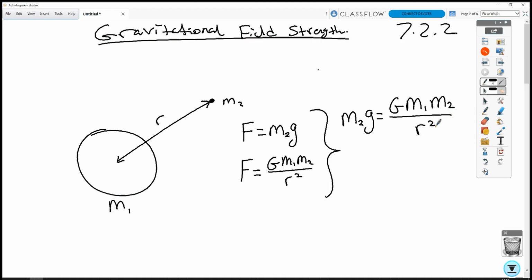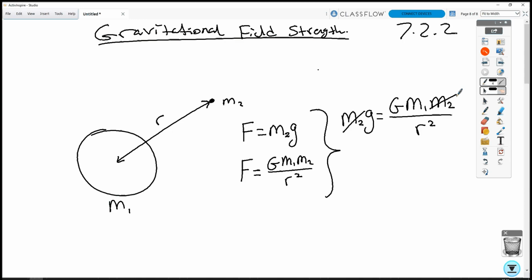And then you can see m2 is on both sides of that equation. So m2 cancels out. Now you can see that g only depends on the big mass that's creating the field. It does not depend on the test mass that you put into that field. So if we're describing the Earth's gravitational field, it doesn't depend on your mass, it doesn't depend on my mass.